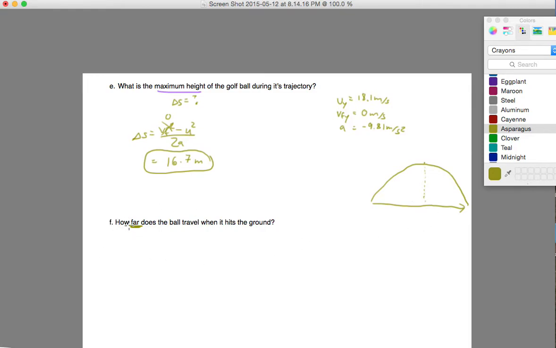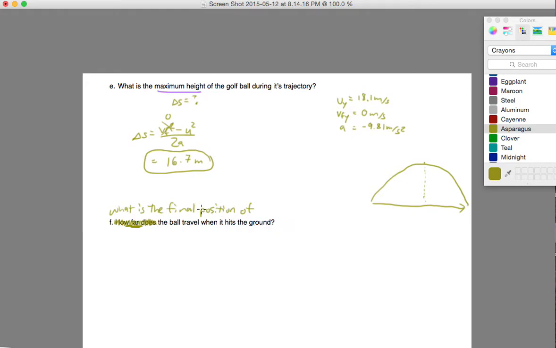Actually, this is kind of vague. It should say something like, what is the final position? If I had to rewrite this question to be clearer, I would erase this. What is the final position of the ball when it hits the ground?